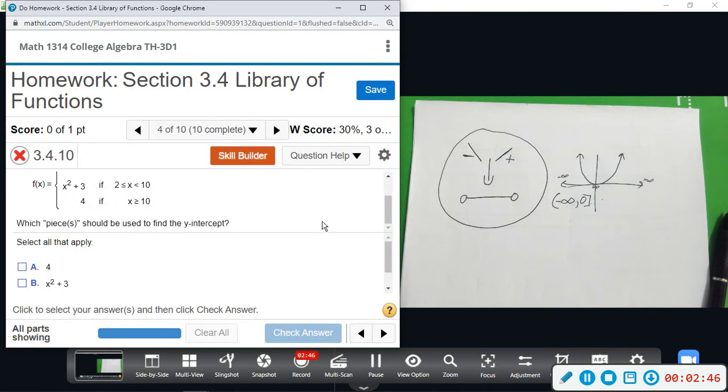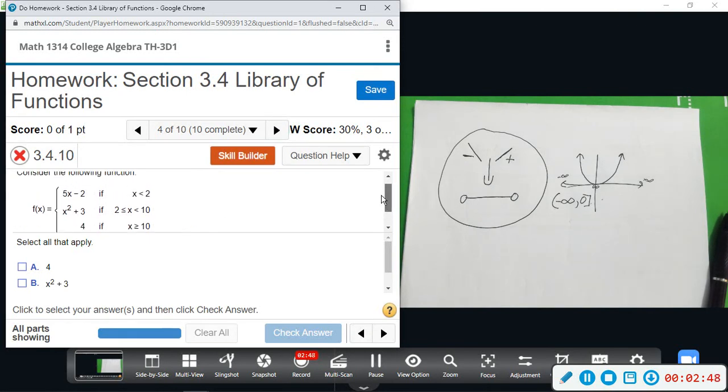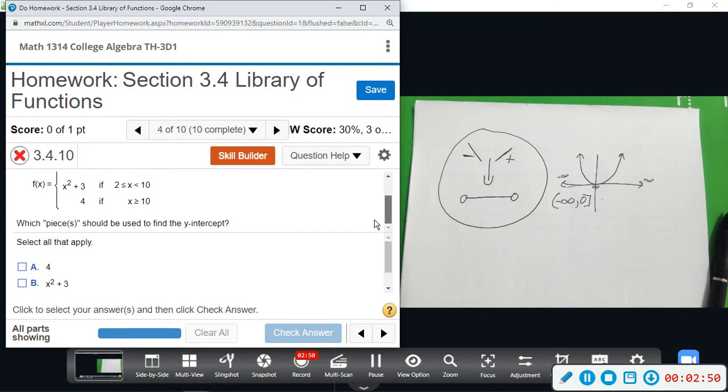Alright, so number 4, we have a piecewise function. They call it a piecewise because there are 3 different pieces where you have equations and then you have restrictions, what numbers you use each equation for.